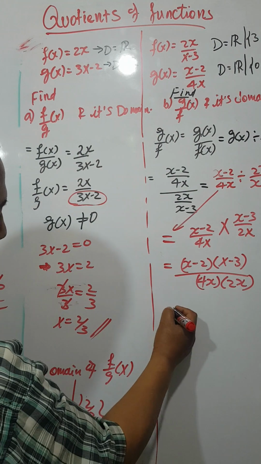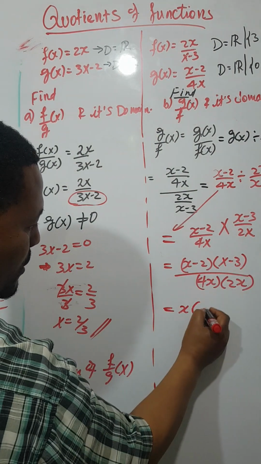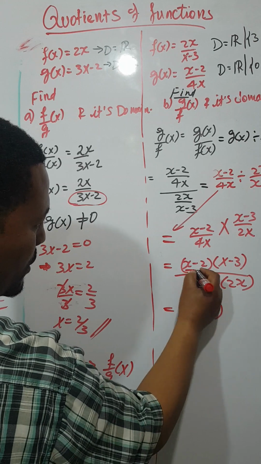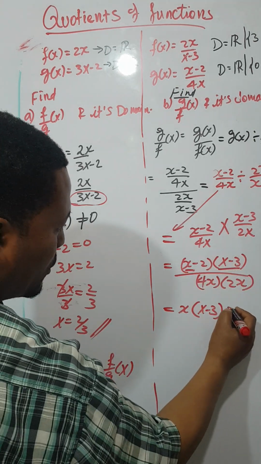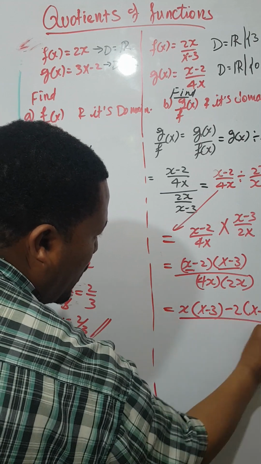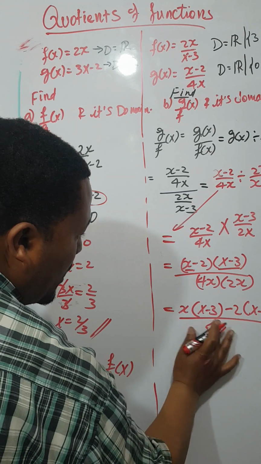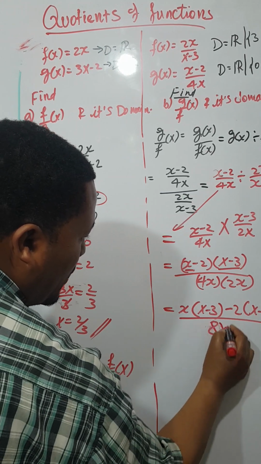We multiply as before. x times x minus 3, and minus 2 times x minus 3, divided by the product here, which is 8x squared.